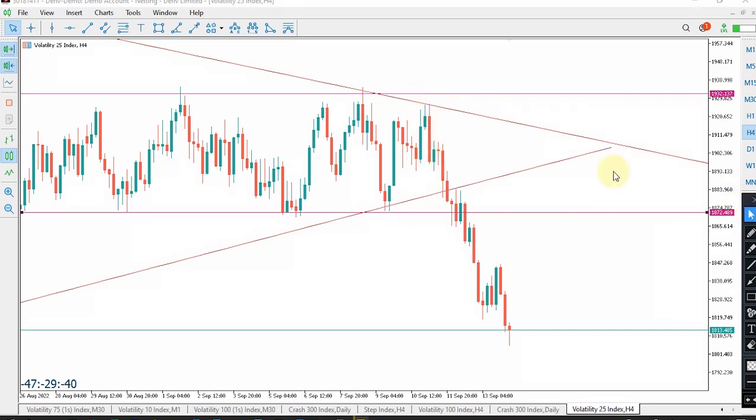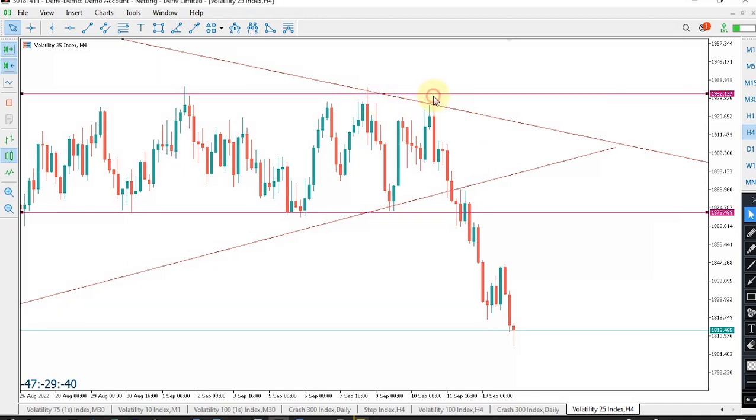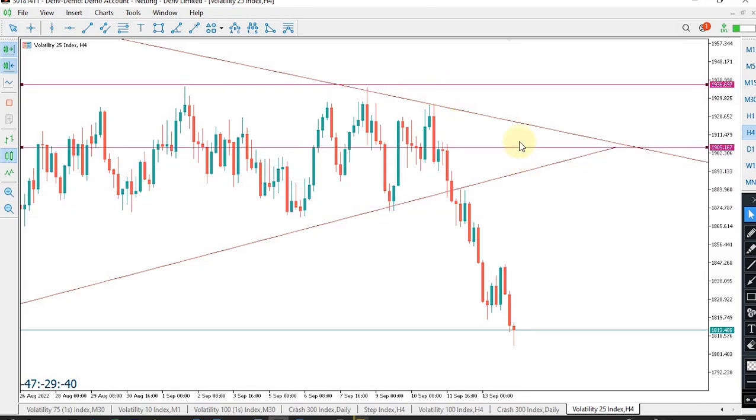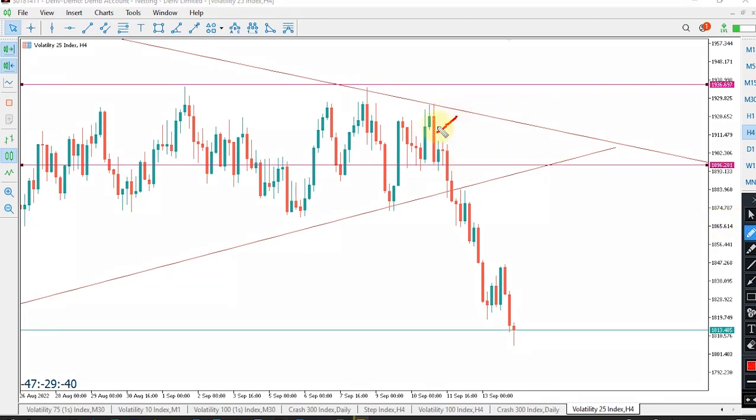So if I were to catch this, I'll place my stop loss here and my entry here, or at the close of this momentum candlestick.